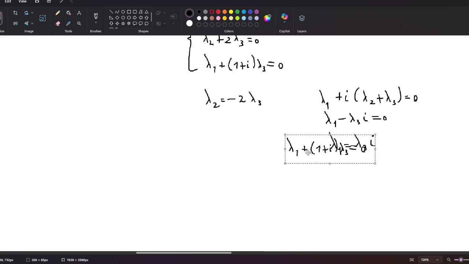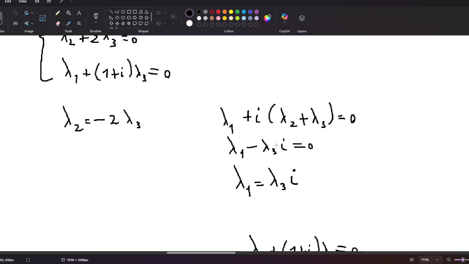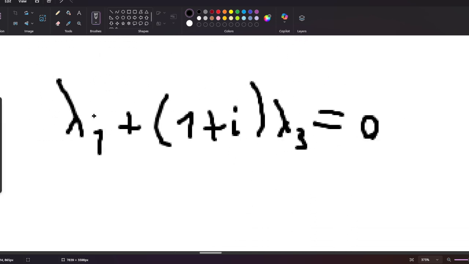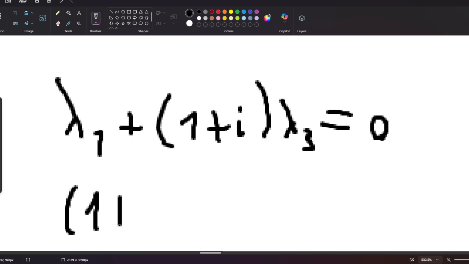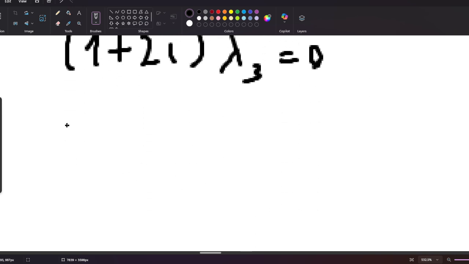And now we can go here and, okay, I think it matches, so 1 plus 2i times lambda 3 equals 0. This implies that lambda 3 is equal to 0.